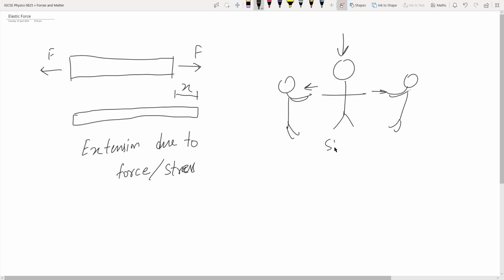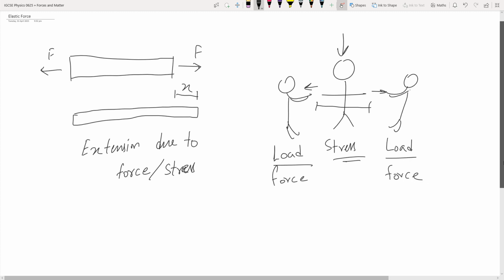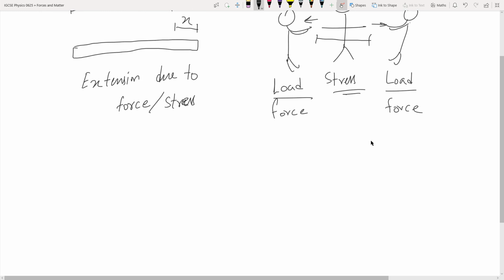So this is under stress, right? These are loads, load on this side and load on this side. So we will say that the extension this person experiences is due to the stress generated by these loads or forces, right? So we can also call this force. So let's now get into more technical detail of this topic.